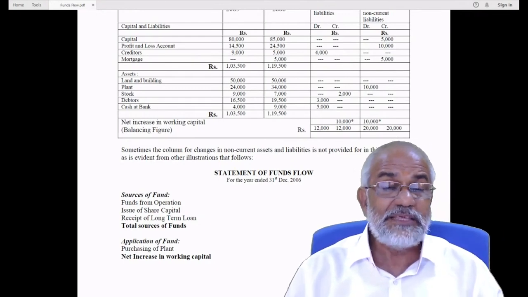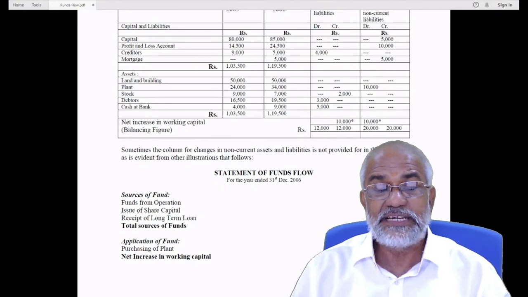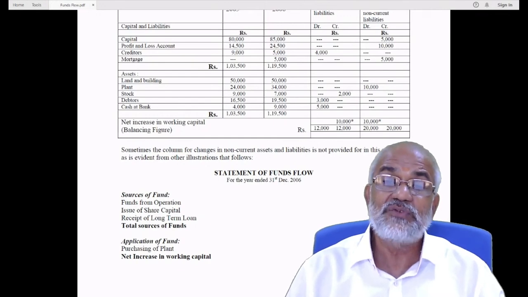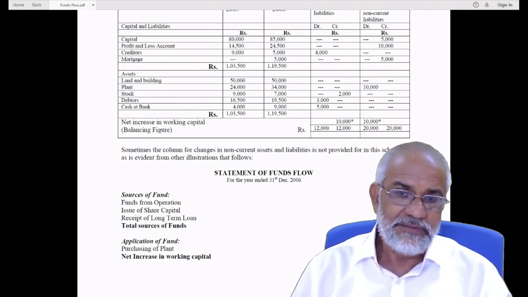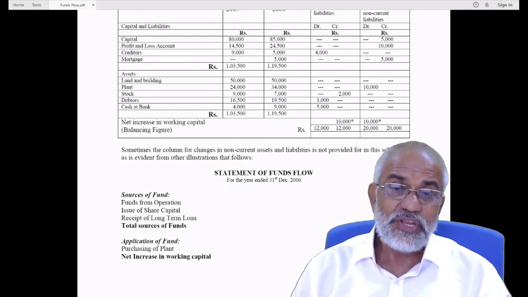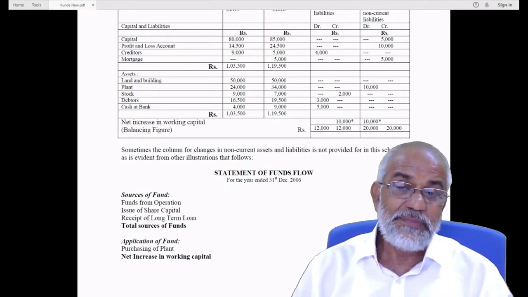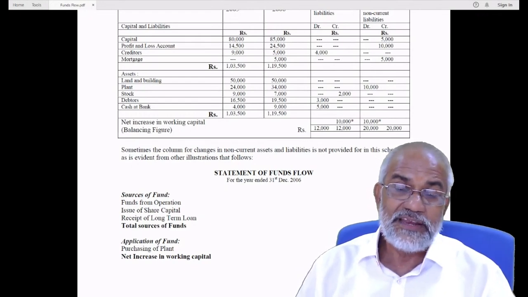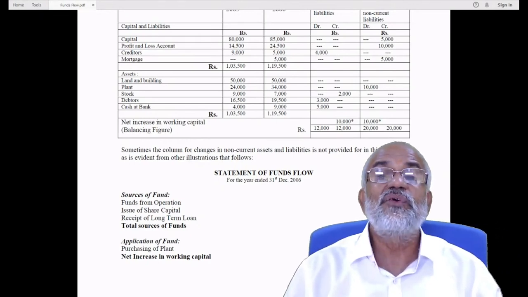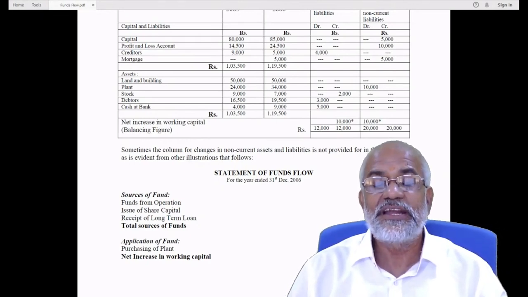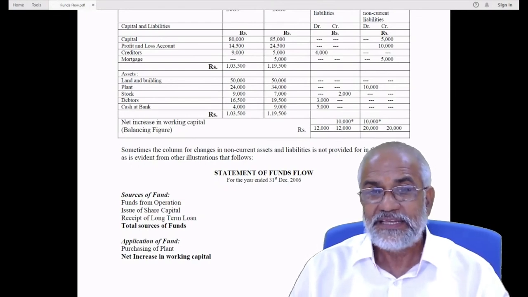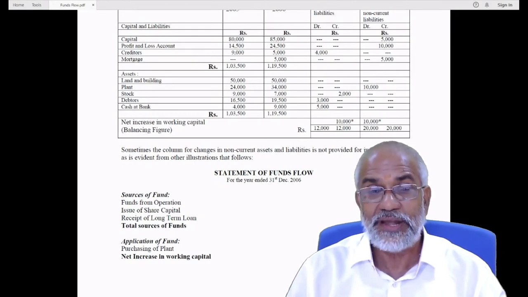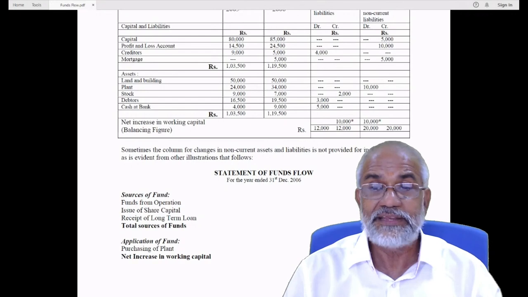After that, when you make the balancing of the plant and machinery account, the credit side would be 34,000 plus 2,400, that means 36,400, and the debit side would be 24,000. And when we make the balancing, the figure would not be 10,000 as computed earlier, it would be 12,400, and that 12,400 debited to plant and machinery obviously signifies that the addition to plant and machinery is 12,400, not 10,000 as calculated earlier.